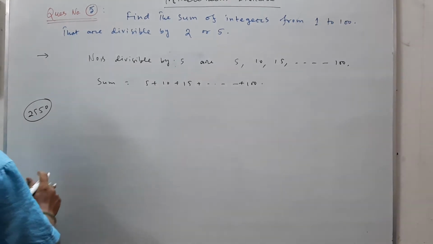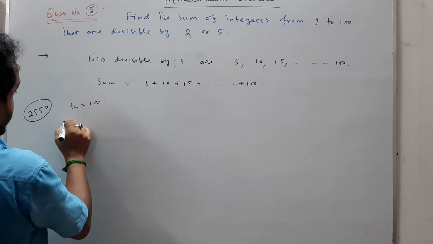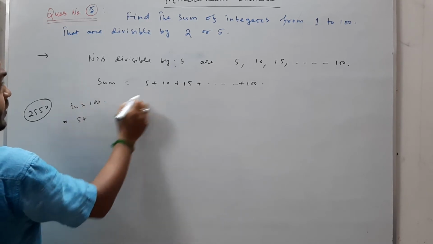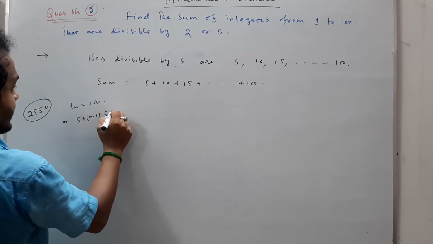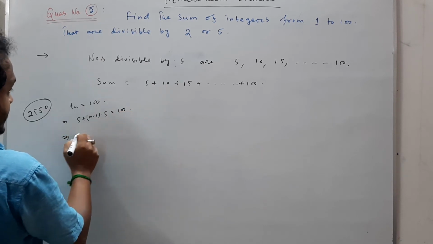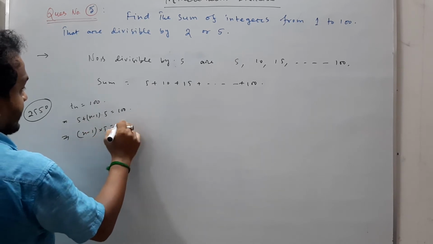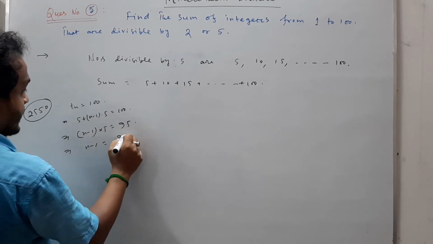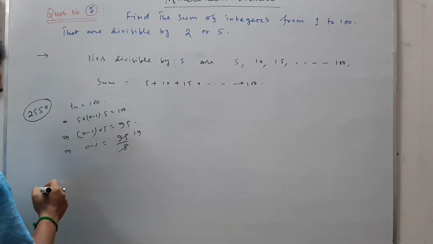To calculate, we take Tn equal to 100, and here the first term is 5 and the common difference is 5. So n minus 1 into 5 is equal to 100 minus 5, 95. That is n minus 1 is equal to 95 by 5, 19.